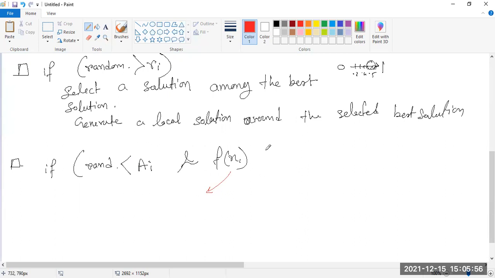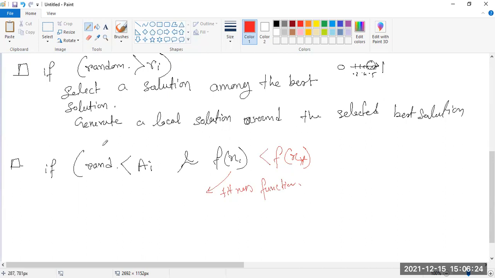If this is the newly calculated one, then this is called fitness. This is the fitness function.